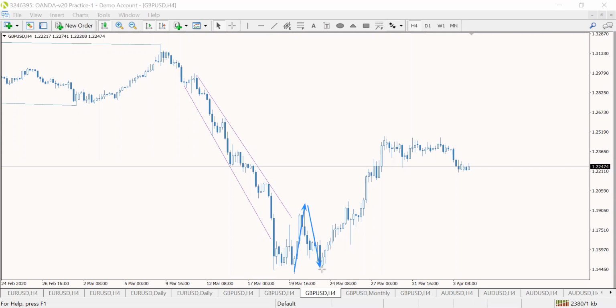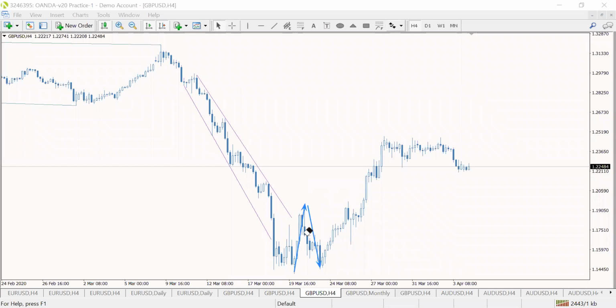Now I was expecting a move equal to this one, that means a move that can terminate from here, then a continuation to the downside. But it passed this, violating some of the rules of wave analysis. So now we've got two things that can be unfolding right here.